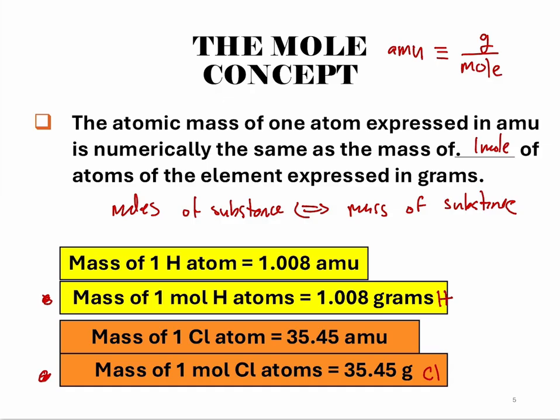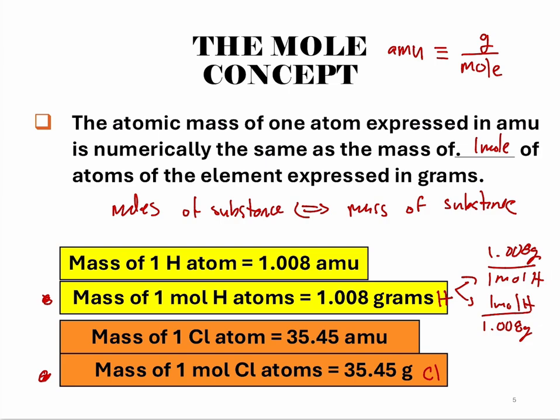We classify these as conversion equalities, right? Because we're saying we have a conversion between 1 mole of H atoms to the grams of H atoms. So for each of these conversion equalities, we get how many conversion factors? 2, right? So we have 1.008 grams per mole H and 1 mole per 1.008 grams of H. These are 2 conversion factors from our conversion equality.